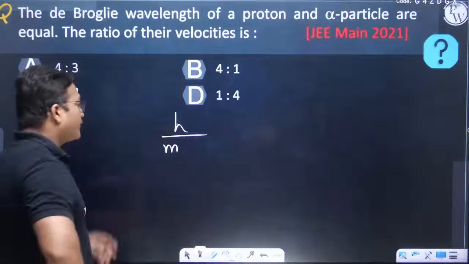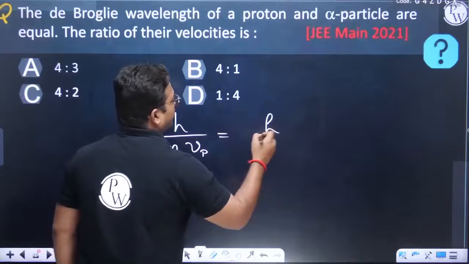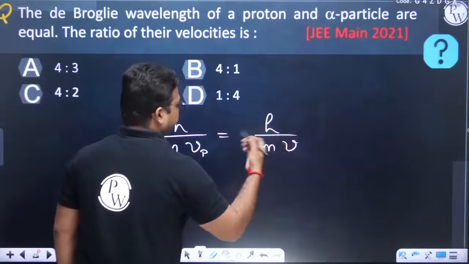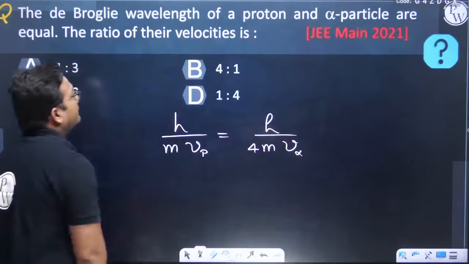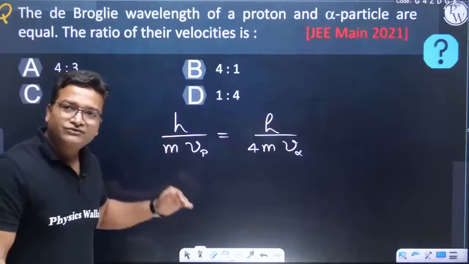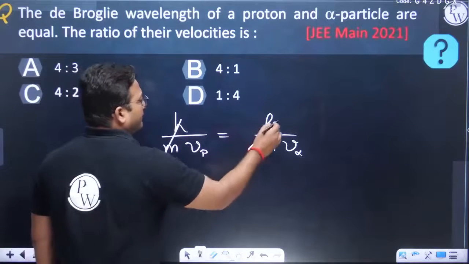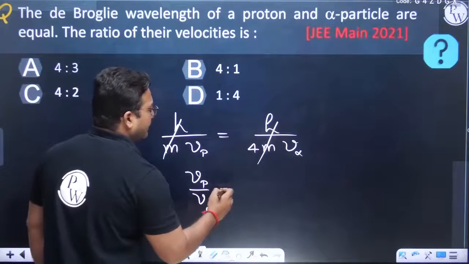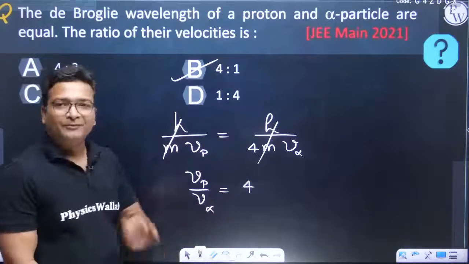Okay, so mass of proton is m, velocity of proton is vp, equals h divided by mass of alpha particle, which is 4m, and velocity of alpha particle is, say, v alpha, right? Then we have to actually find vp by v alpha, and if you solve for vp by v alpha here, obviously vp by v alpha is 4. So 4 divided by 1 is your perfect choice.